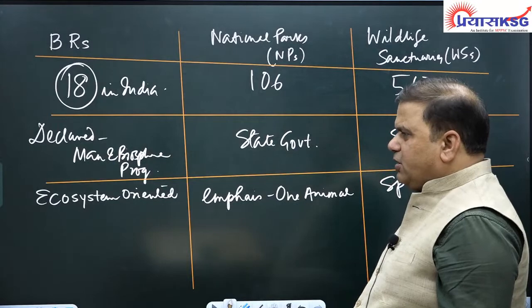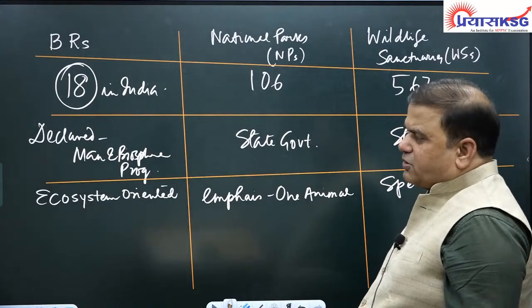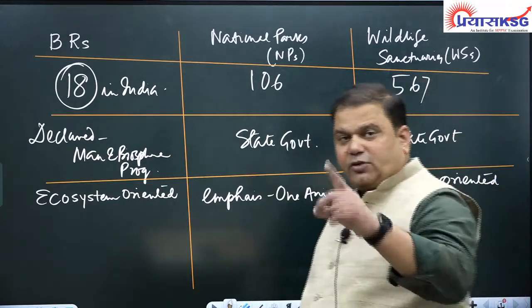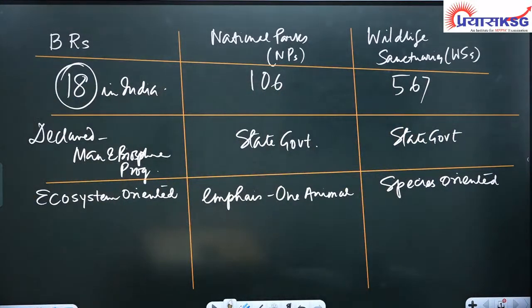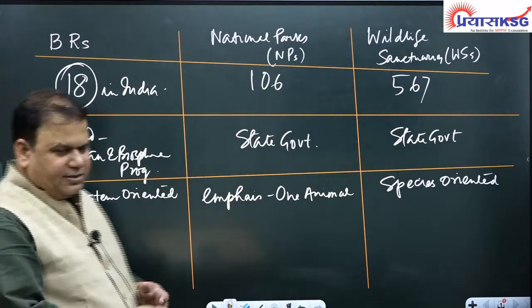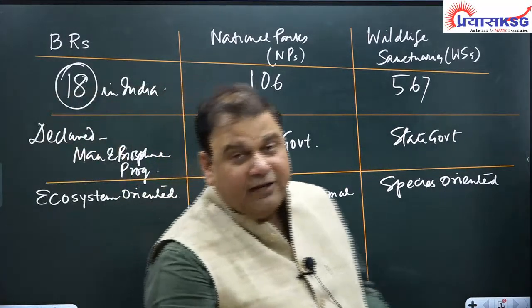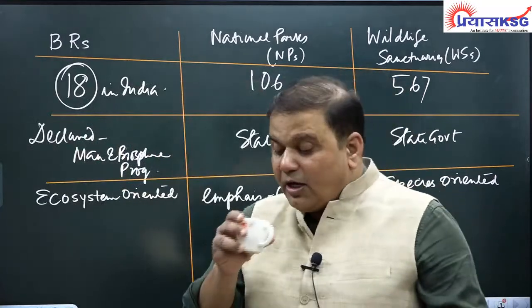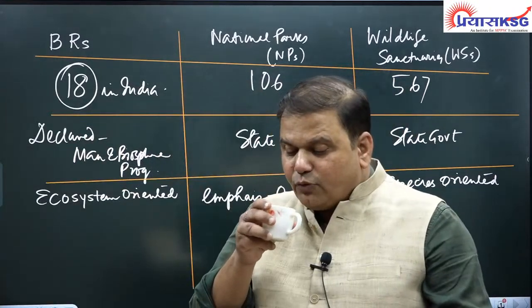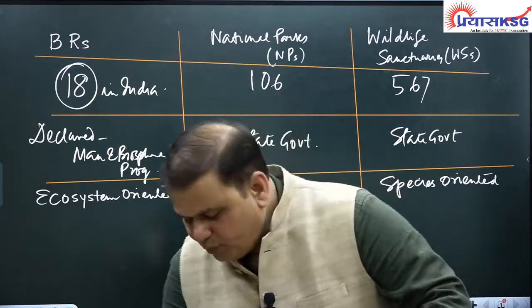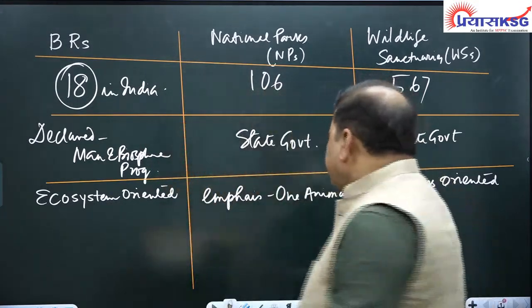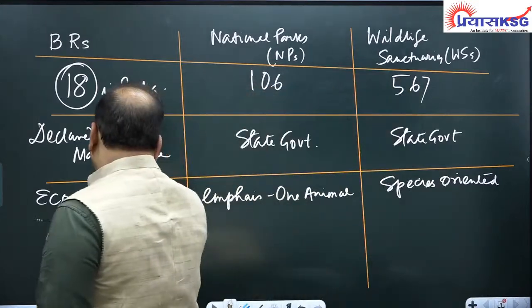That's why you can see that national parks would be always dedicated to one animal. हर हमेशा नेशनल पार्क जो है किसी एक जानवर के लिए डेडिकेटेड होगा. क्लियर? It can be a tiger reserve, it can be an elephant reserve, it can be a lion reserve, so it would be dedicated to one animal as such. Clear?